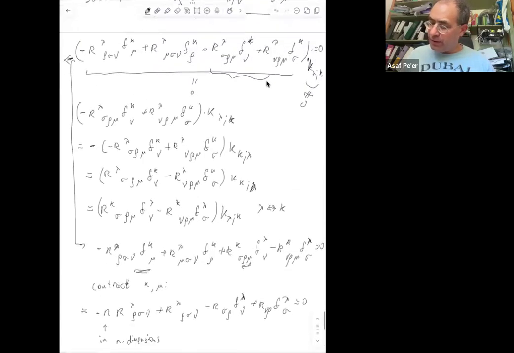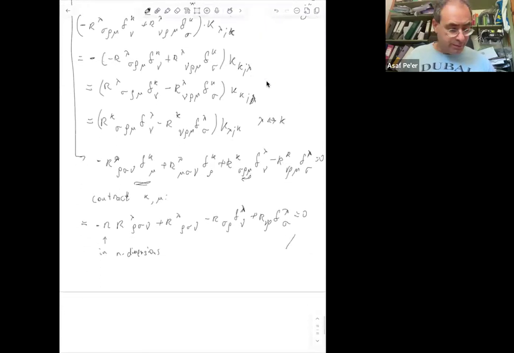Now we take that and multiply that by g^lambda alpha. And then these two terms will be moved to the right.